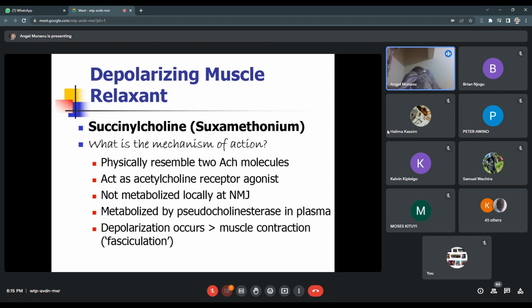Remember, we have said that they work much like acetylcholine. So suxamethonium resembles acetylcholine because it is made of two molecules of acetylcholine. So it acts as an acetylcholine receptor agonist. It works just like acetylcholine.